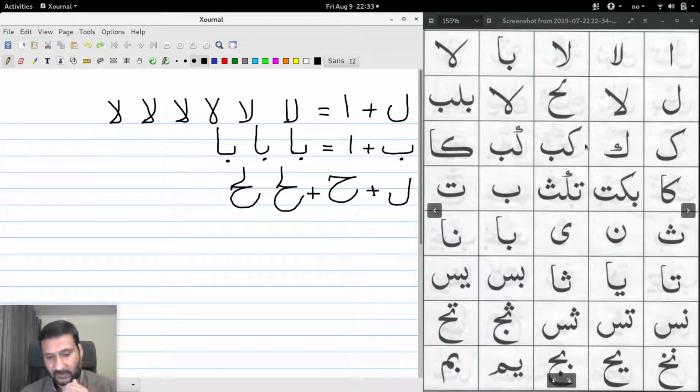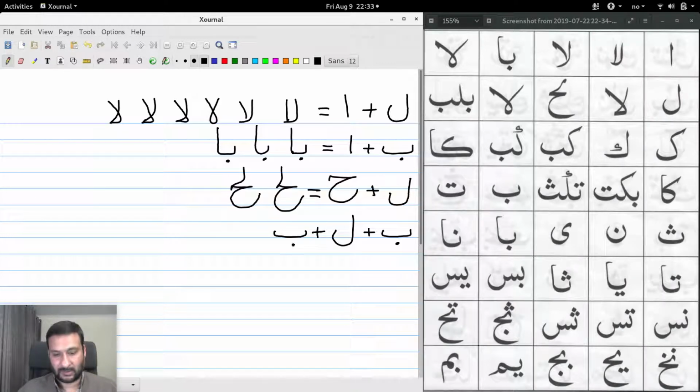So we are focusing on just the sound. So this word here can be broken down into ba, I'm sorry, this was supposed to be equals to, okay, ba, lam, and another ba. And this is a good example because it shows two forms of ba, one in the beginning and one at the end.